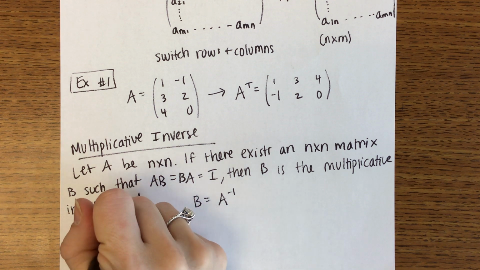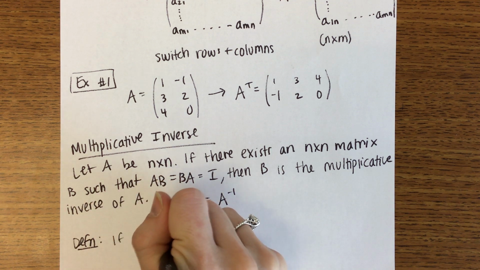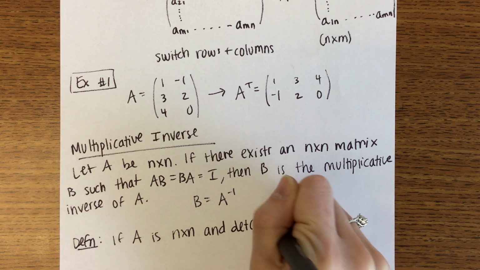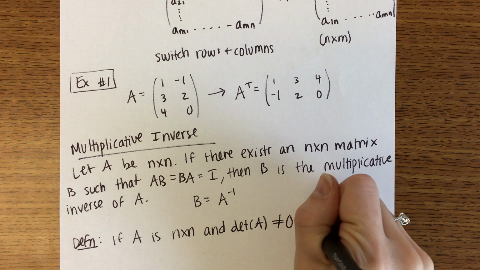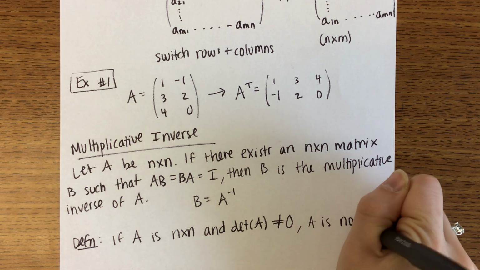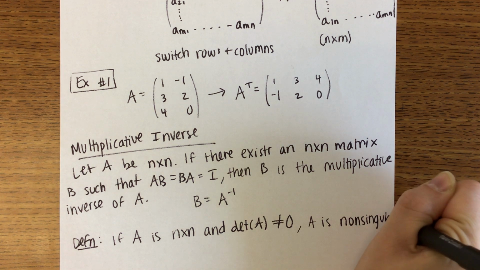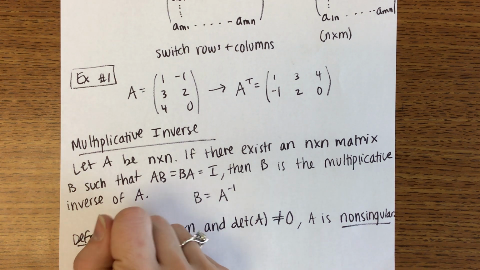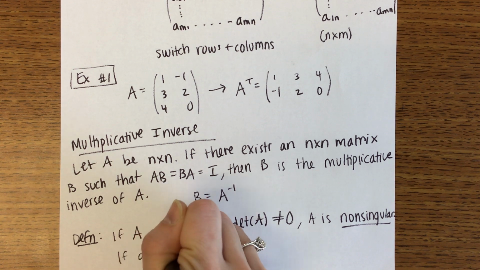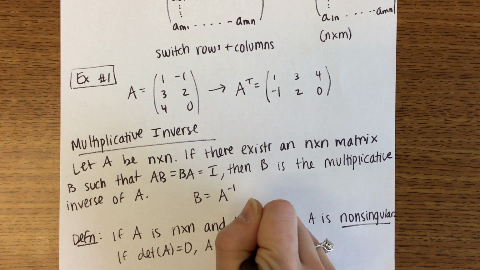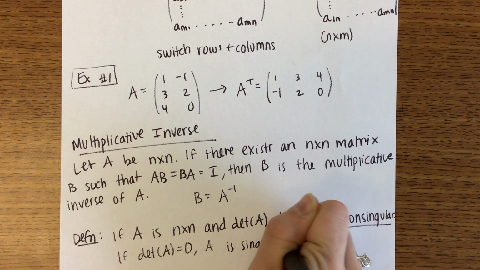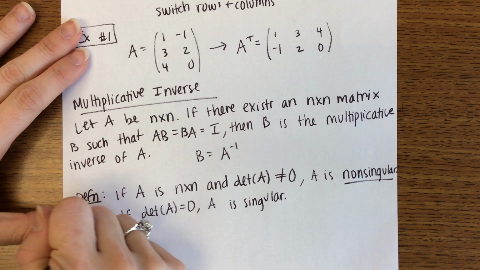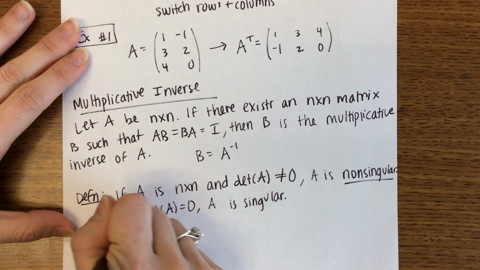Okay, definition. If A is an n by n matrix and the determinant of A is not 0, we say that A is non-singular. Sorry, I ran out of room. Therefore, if the determinant of A does equal 0, we say that A is singular. Here's why we care about that.